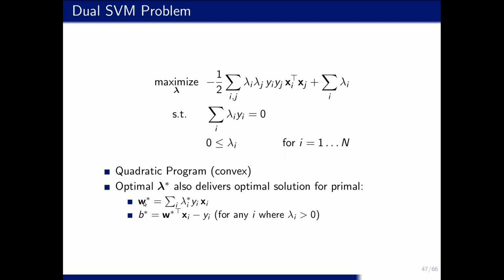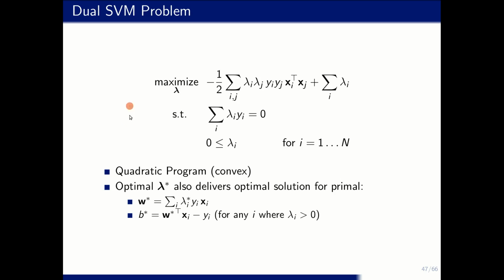If we have an optimal solution lambda star, this also delivers an optimal solution for the primal. We just saw W is given as this linear combination of training examples. And it also turns out that the optimal solution for B is just given by this formula for any sample where lambda_i is larger than 0.